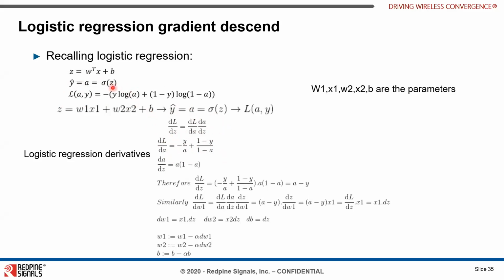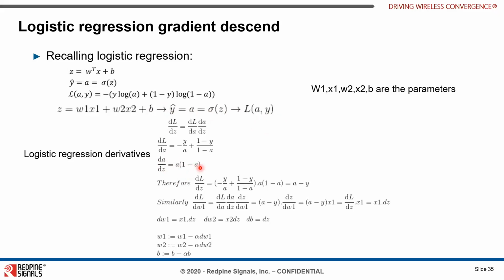And dA dz is basically a into 1 minus a, because a is sigma of z, and sigma of z means 1 by 1 plus e to the power minus x. Yesterday we saw that formula. So if you do dA dz, you will get a into 1 minus a.